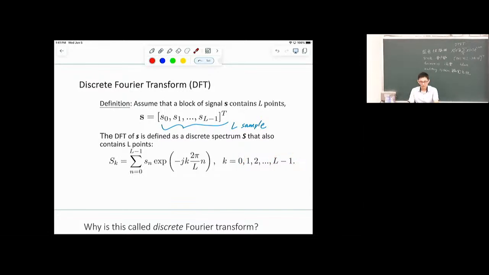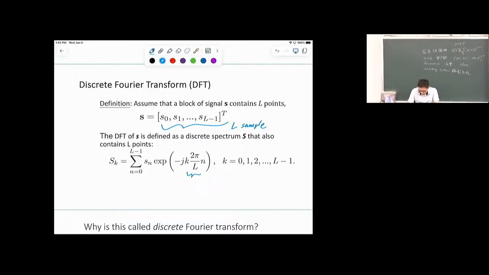So we start in the time domain with L samples, but the result gives us a spectrum of L frequencies. So it's an L-dimensional to L-dimensional transformation, from an L-dimensional vector space to another L-dimensional vector space. Otherwise, the definition looks very similar to DTFT. The idea is similar: we multiply our signal in the time domain with the complex exponential of frequency.